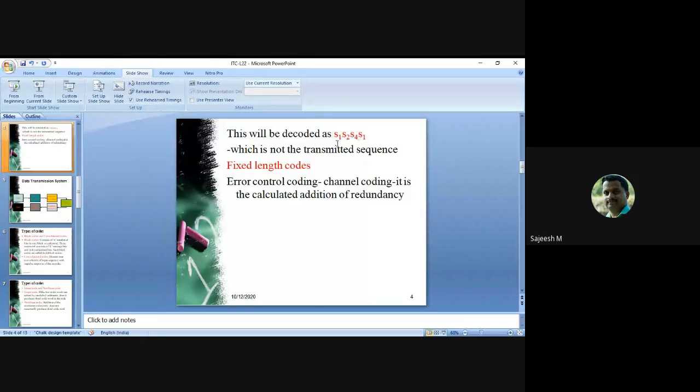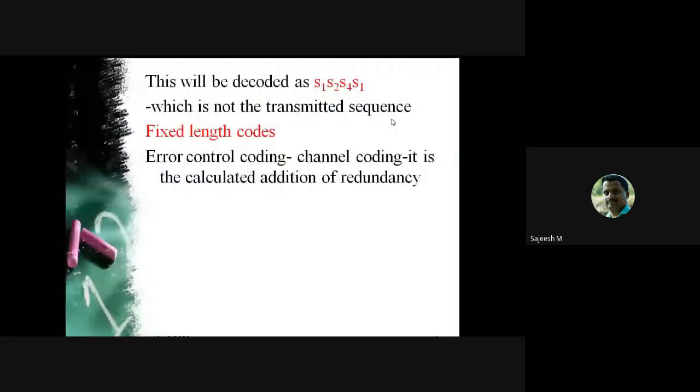Here, that is not the transmitted sequence. Actually, it was transmitted as S3, S4, and S1, and some error occurred. A single bit error occurred, and a 100% efficient code is transmitted, but there is an error in the received sequence.